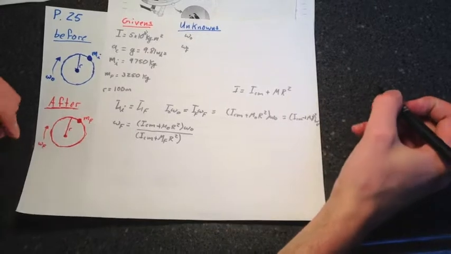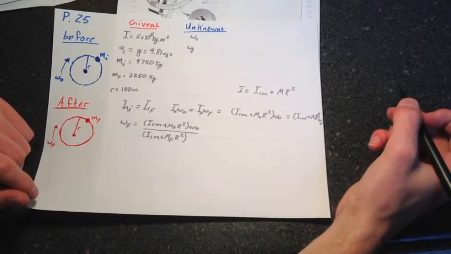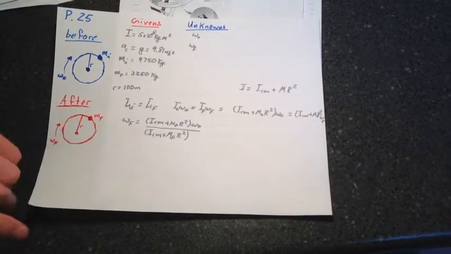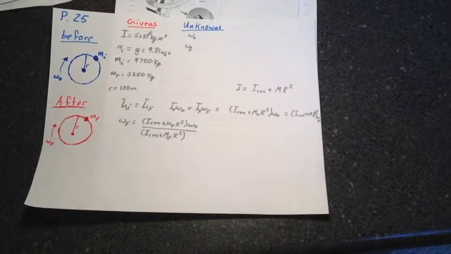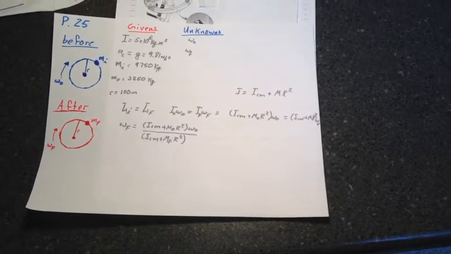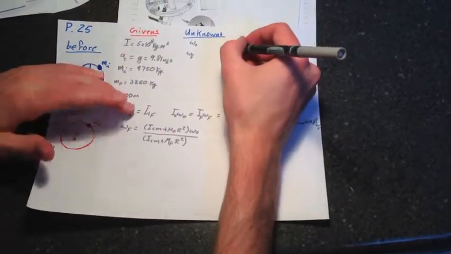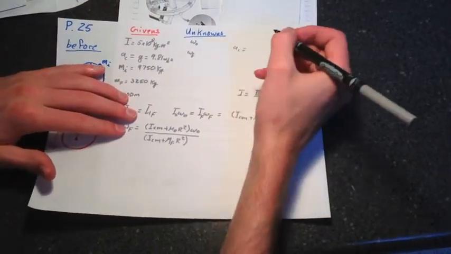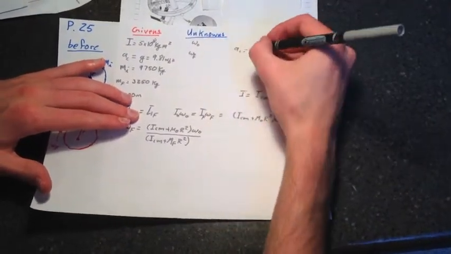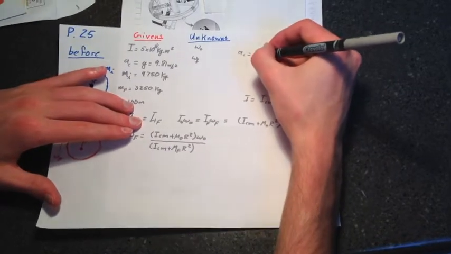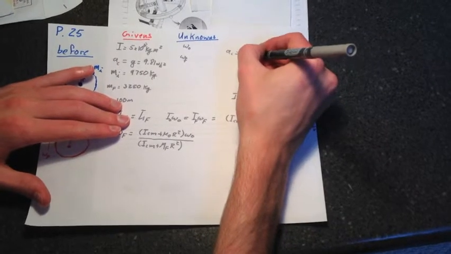So what we now need to determine is the omega naught, which we don't know because it isn't given. In order to determine the omega naught, we can say that AC is equal to R omega squared, and this omega squared would be omega naught squared.